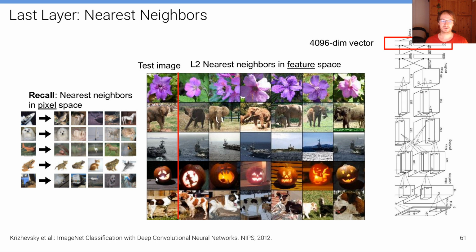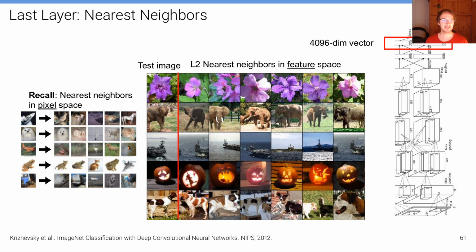In the case of a pumpkin, we get pumpkins, etc. In contrast, if we would just apply nearest neighbor search for a particular image in pixel space, we get much less meaningful semantic correspondences. For instance, for a ship, we might get a horse, and for a dog, we might get a ship, etc.